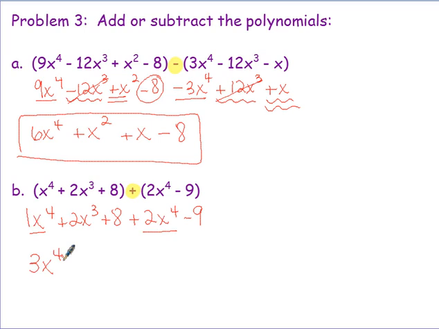And the next highest one is x to the third, but there's no other one, so it's just plus 2x to the third. And then the only thing I see left are whole numbers. Whole number, positive 8, take away 9, leaves me with negative 1. And I am done. And that's the end of the notes.